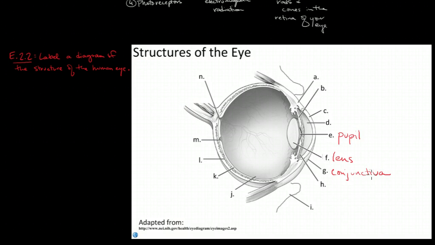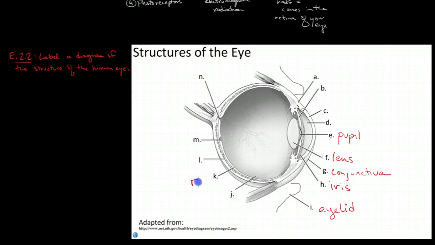So this is basically a protective layer around the eye to protect it from damage. We've got the iris right here, which is pigmented. This is where your eye color comes from. It regulates the entry of light. This down here is your eyelid, which is kind of a strange drawing of it.